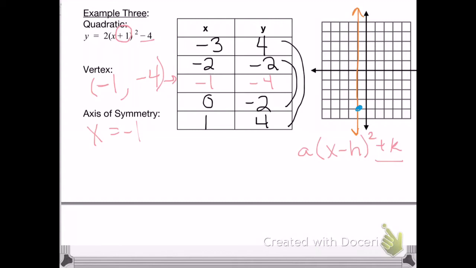So let's see. Or -3, 4, excuse me. So 1, 2, 3, 1, 2, 3, 4. Up here. And then we've got -2, -3, down 2. Perfect. Gets you right there. We've got 0, -2. It's over here. And we've got 1, 4. All right there. So go ahead and connect those dots.